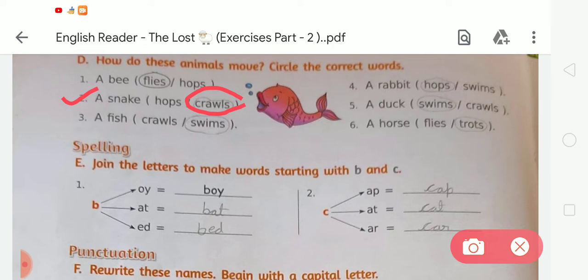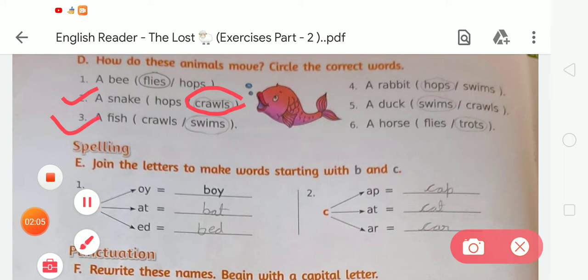Okay students, now the next is number 3, a fish. What is the movement of a fish? Here again there are two options: first is crawls and the other is swim. Tell me how a fish moves.